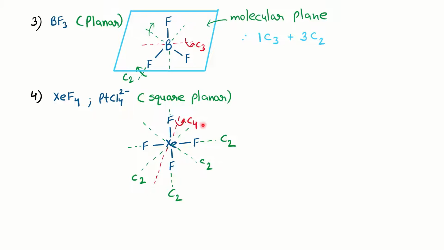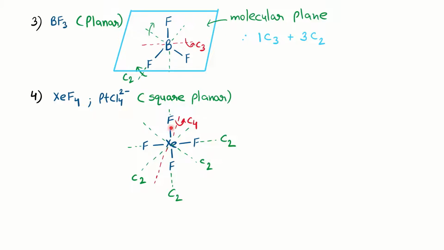So it has a C4 axis of rotation, that is the principal axis of rotation. Then you can notice here 2 fluorines and xenon, one axis is passing through, that is C2, and you can imagine it just like a linear molecule. So with 2 rotations, it will give you the indistinguishable configuration.